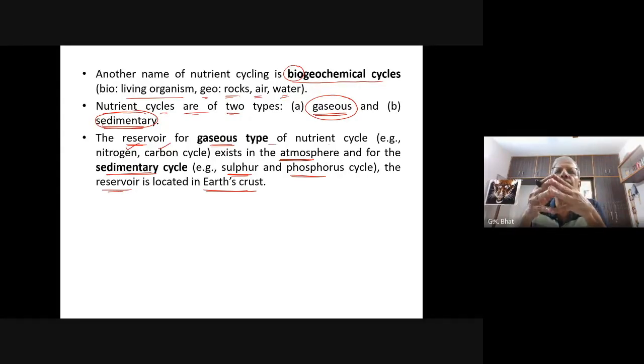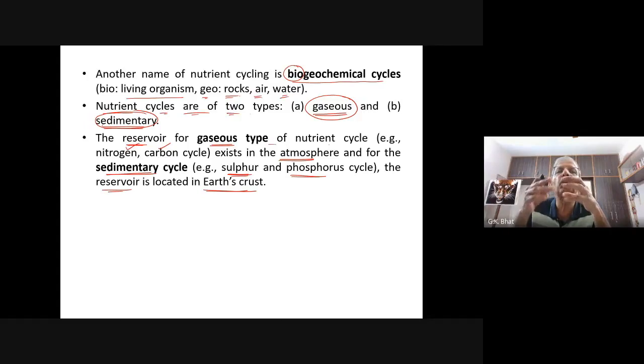One is the gaseous type, for which the reservoir is the atmosphere. Another one is the sedimentary cycle, for which the reservoir is the earth crust, the soil, the rock.